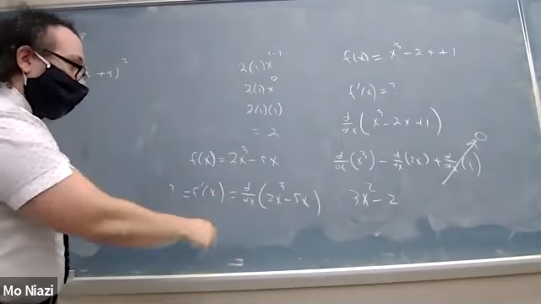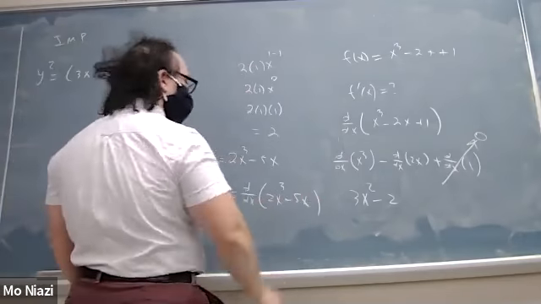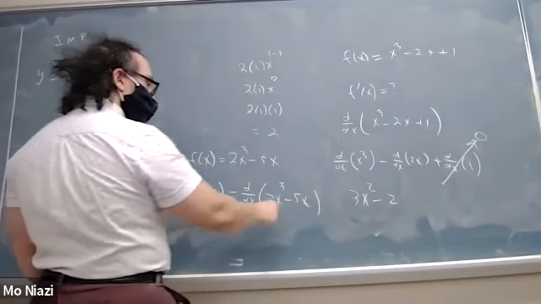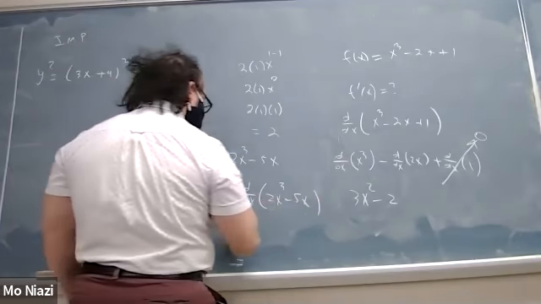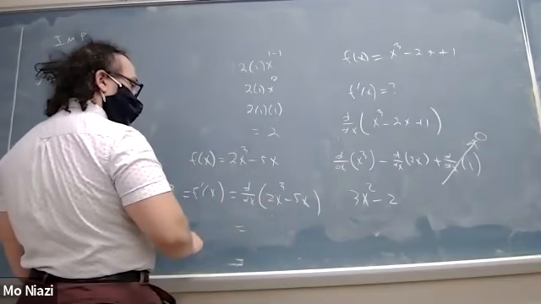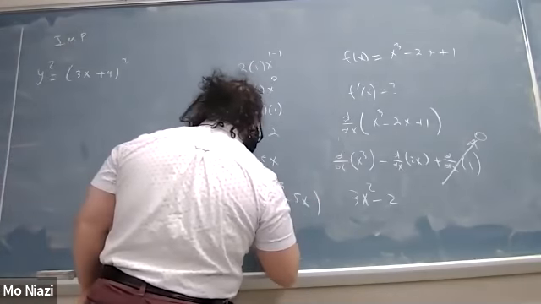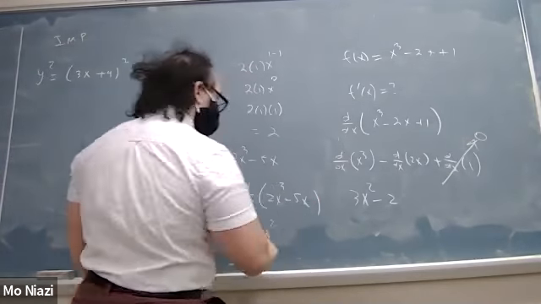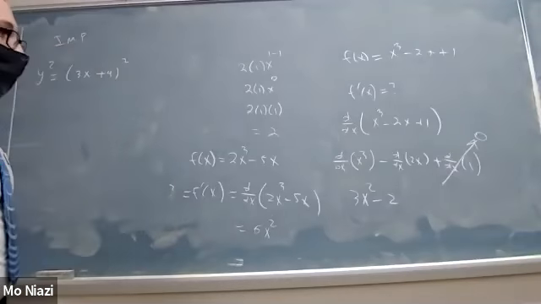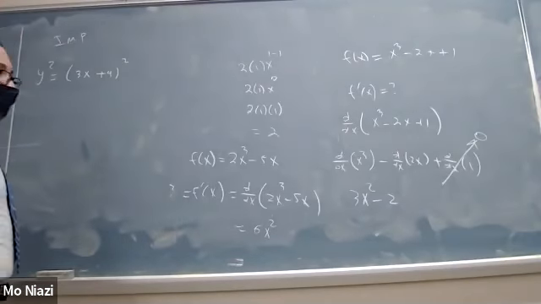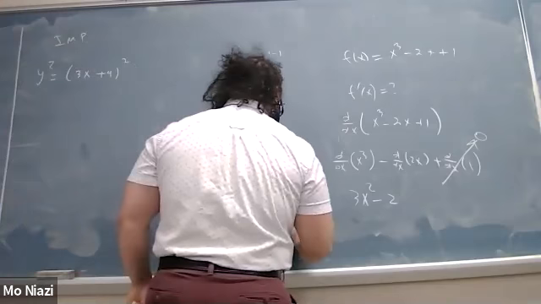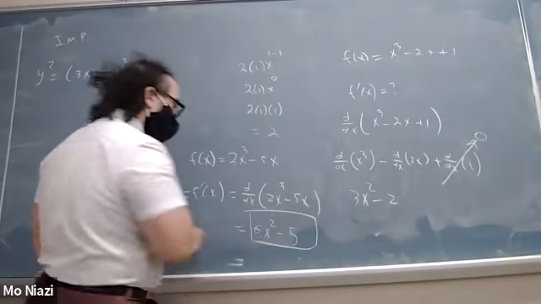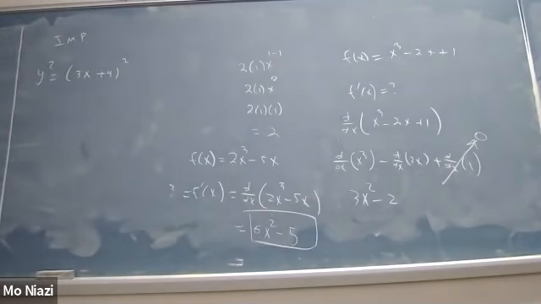I won't write the d dx here and here, but we'll just do it. d dx of 2x cubed is what? 6x squared. What's the d dx of 5x? Just a 5, so we put minus 5. There you go. That's it.